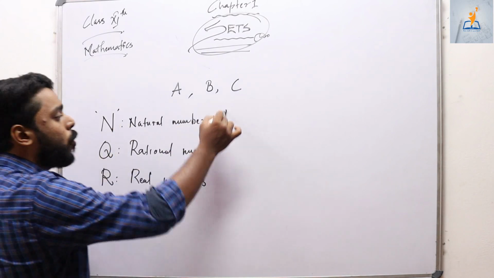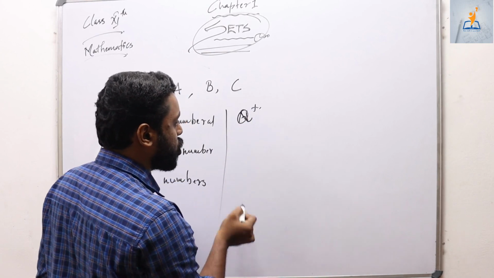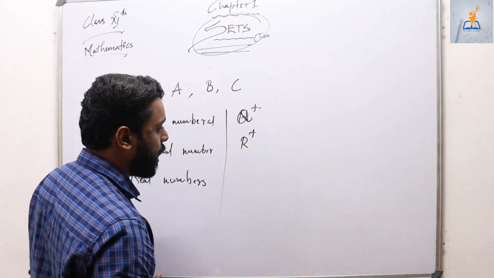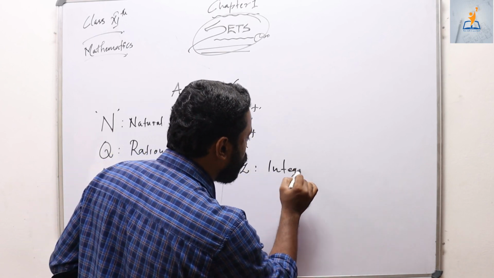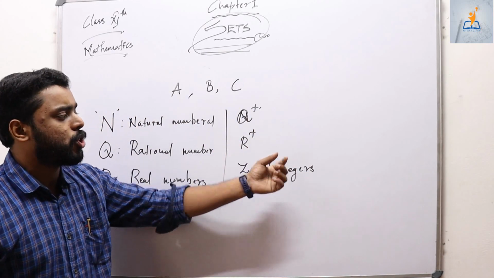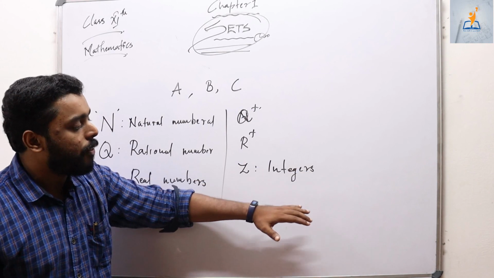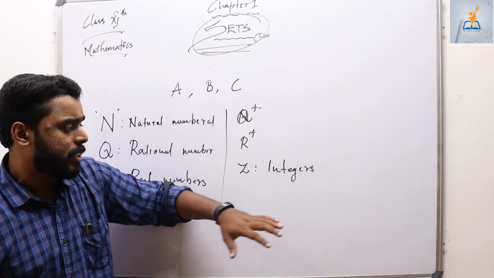capital letters. Now N plus is the positive natural numbers, Q plus the positive rational numbers, R plus the positive real numbers, and we denoted Z as the set of integers. Do you remember it? This is also a fixed, well-defined collection of objects which will never change according to person or country to country or region to region.